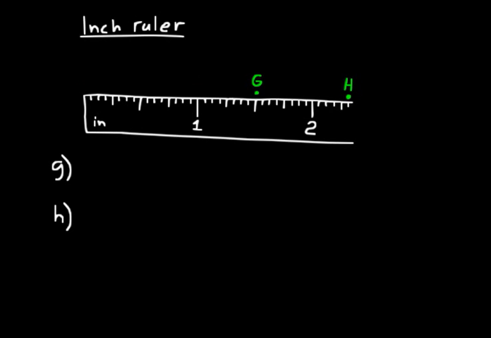Look at practice problems G and H. What I want you to do is just tell me that measurement, how far from the end of the ruler is point G and how far is point H from the end. So you're not measuring a line segment, you're just measuring how far from the end each of those points is. If you think about it, an inch ruler is kind of like a number line, isn't it? Except the tick marks aren't 1, 2, 3, 4.